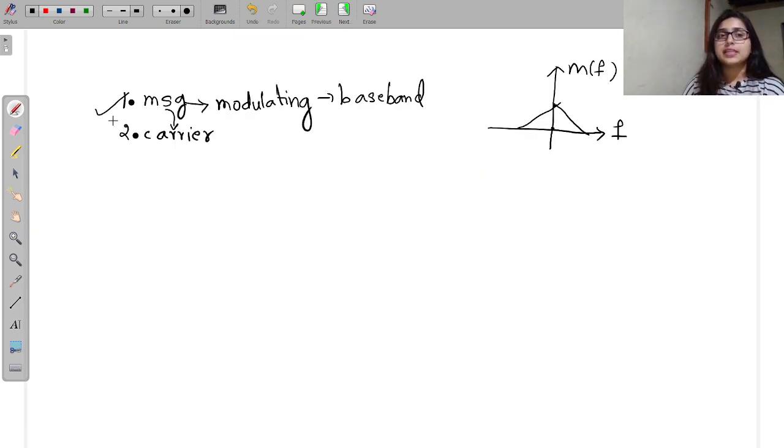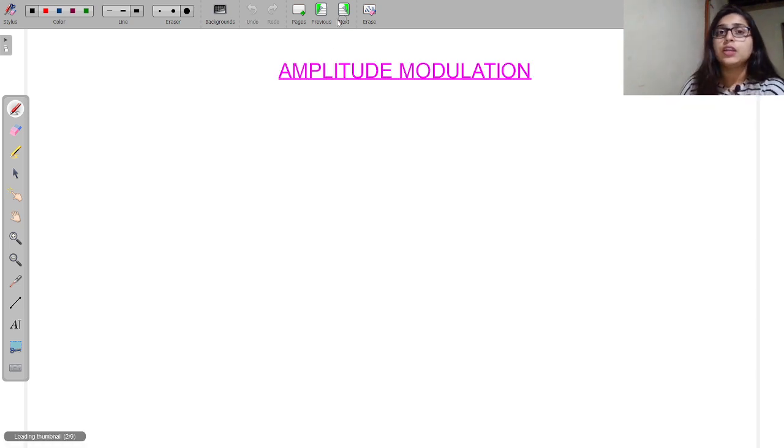So, the message signal and the carrier signal. Now let us see the general expression for amplitude modulation.